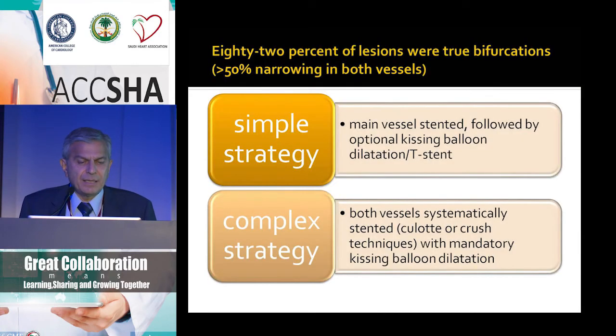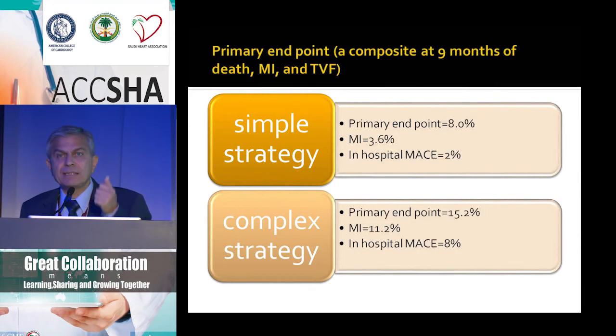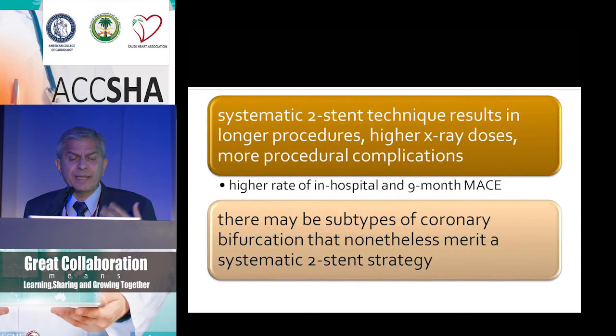The bottom line is that in the simple strategy, putting one stent when you can versus two, you lower the primary endpoint, 8% versus 15%. And the systematic two-stent technique resulted in longer procedure, higher X-ray doses, more procedural complications, and a higher rate of in-hospital and 9-month MACE.